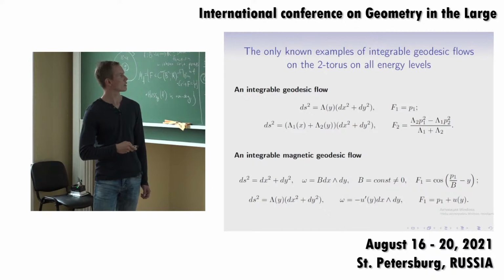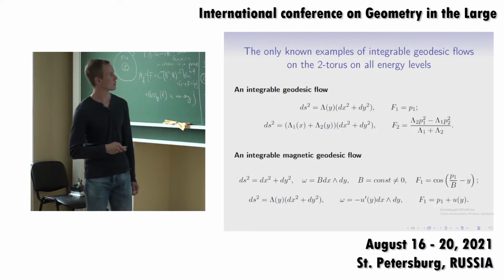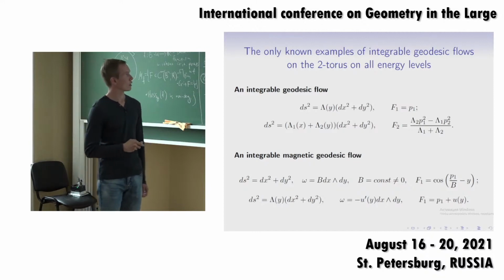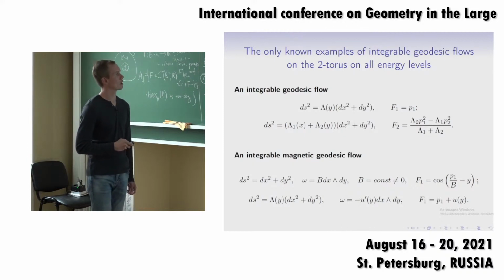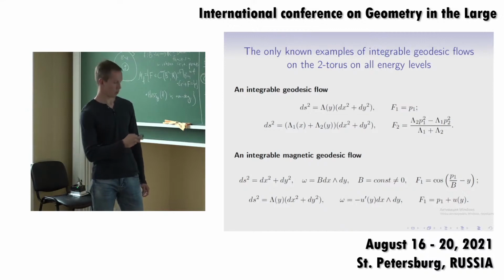In the first case, there is a Euclidean metric and a constant magnetic field, and there exists the first integral of such a form. And in the second case, when the magnetic field and metric depend only on one variable, there exists a first integral linear in momenta. So these are examples of integrability on all energy levels on the two-dimensional torus.